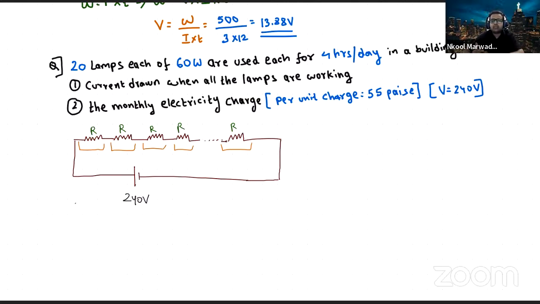So this will be the scenario if the bulbs are connected in series. And there is one more scenario. I am giving you both the possibilities. The bulbs can be connected in parallel also. That is what we are discussing, the two scenarios.